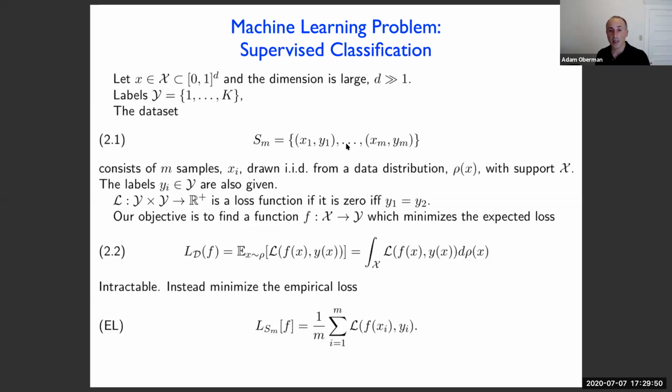The data set is simply the images and their corresponding labels, drawn from a distribution. We have a loss function that is 0 if they match and positive otherwise, and we want to minimize the true loss. We don't know that loss, so we instead minimize the empirical loss over the data set, or a subset we call the training set.